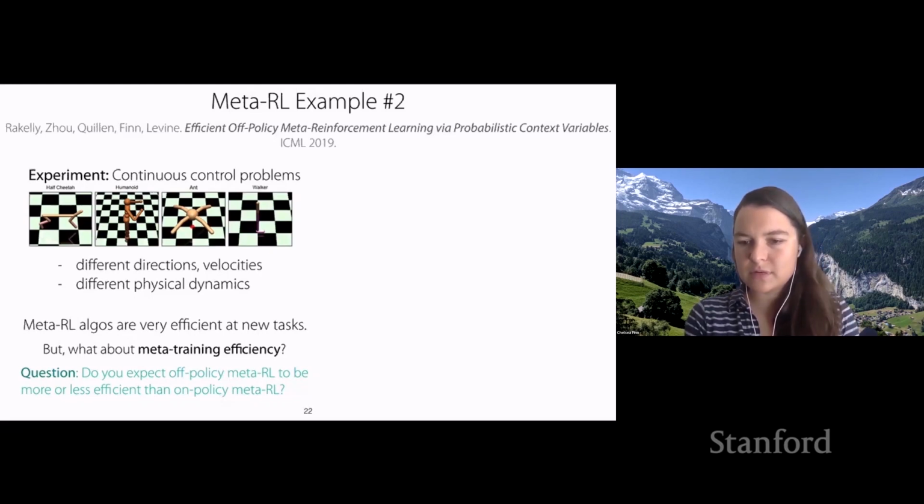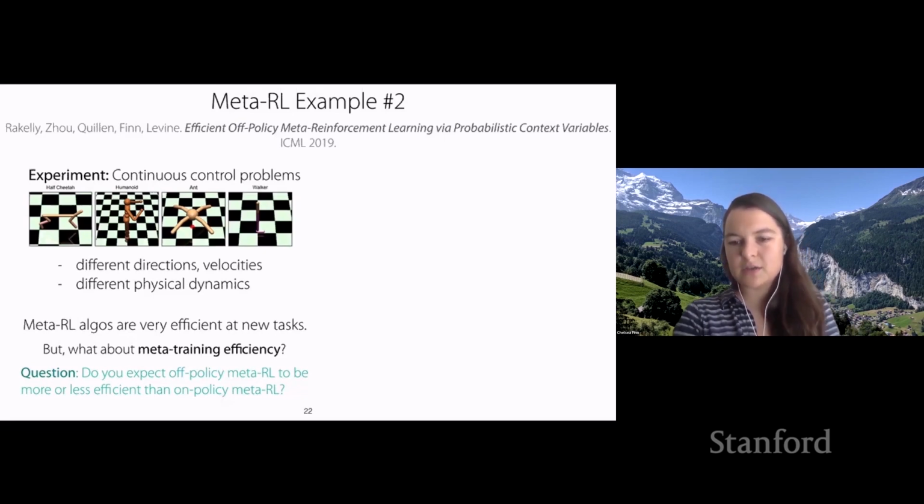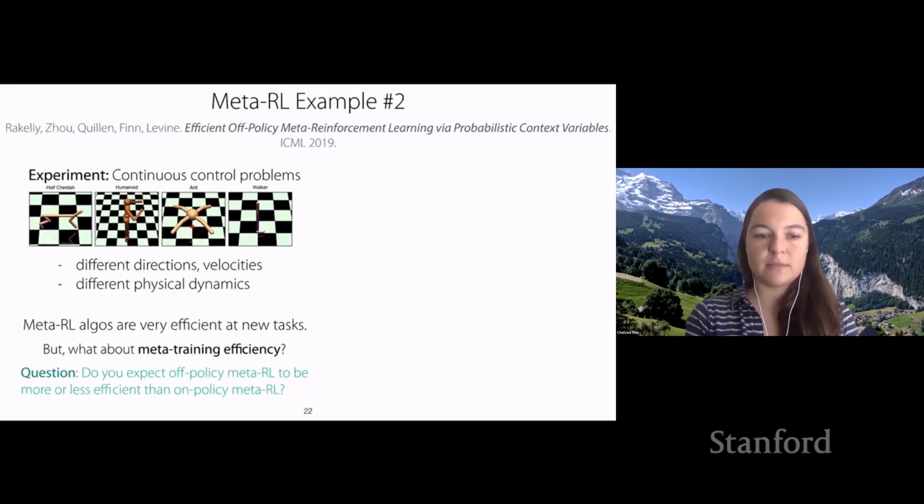Cool. So at least a few people are paying attention, and people are saying that it'll be more efficient. To answer the question, I mean the amount of data that's needed for meta learning.